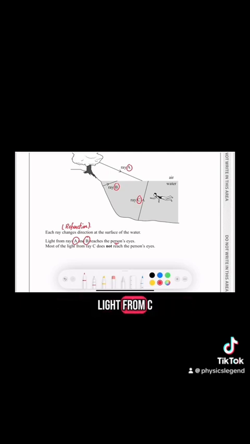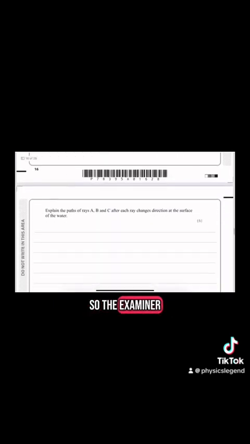Most of the light from C does not reach the person's eye, and this is because the refracted ray is going to change direction away from the normal as the light transfers from water to air. So the examiner is asking to explain the path of ray A, B, and C after each ray changes direction at the surface of the water.